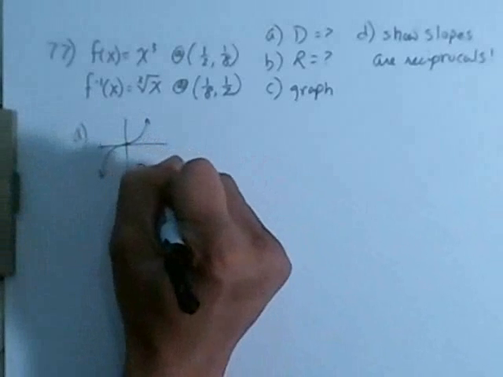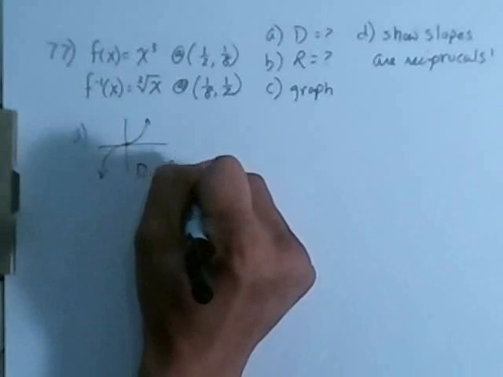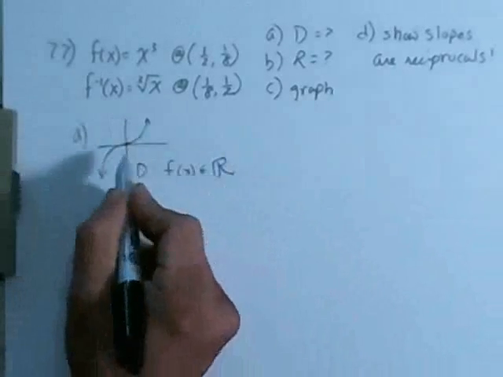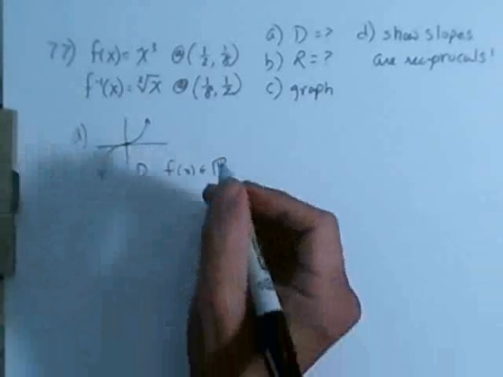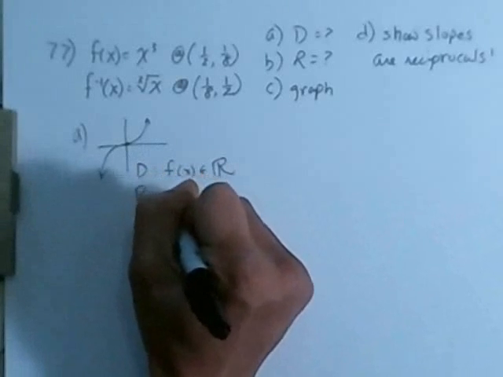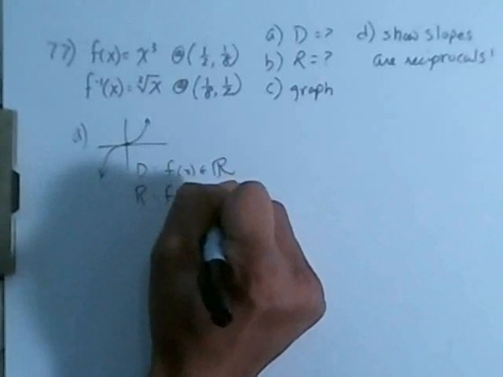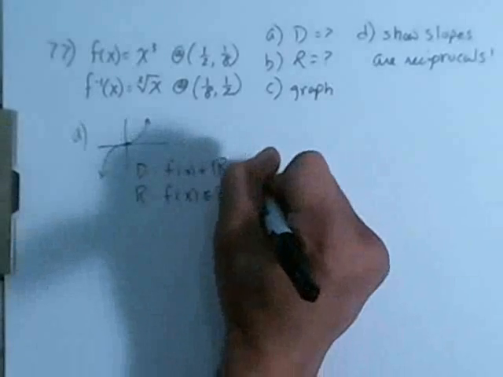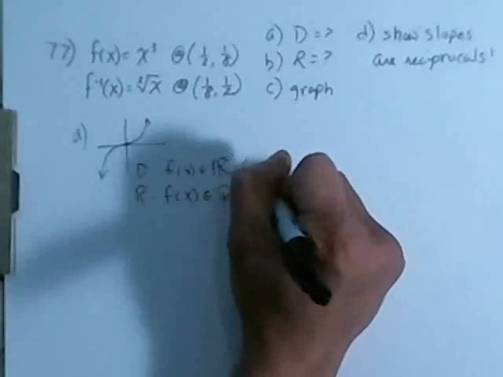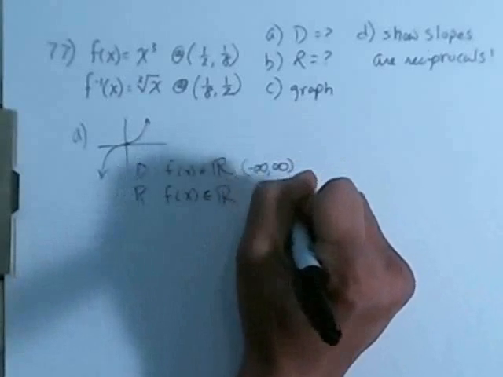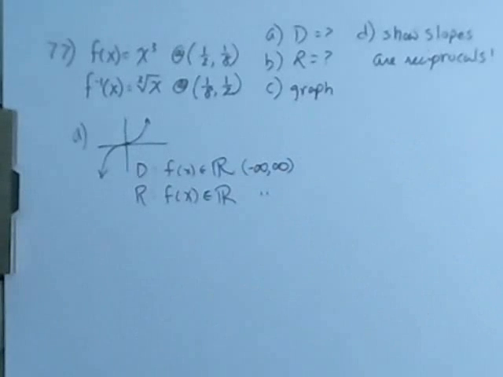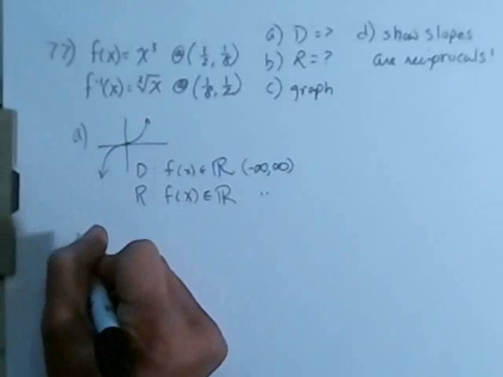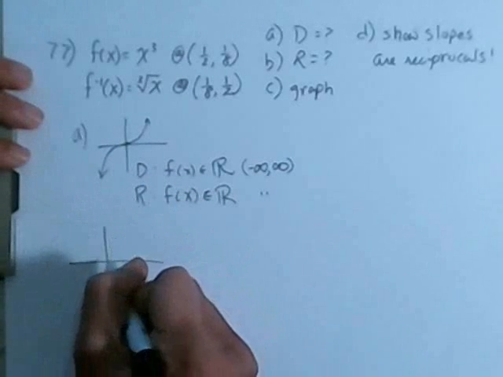We know that the domain of the f function is all real numbers. In the x direction, it goes all the way. The range of the f function is also, in the y direction, all real numbers. Or in interval notation, negative infinity to positive infinity.